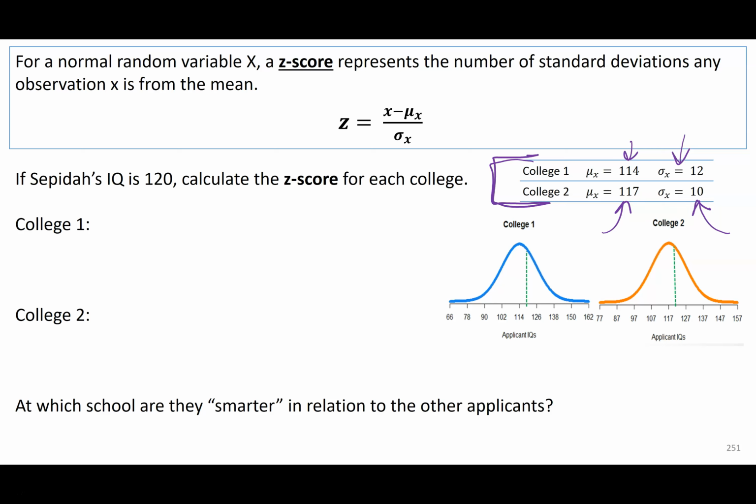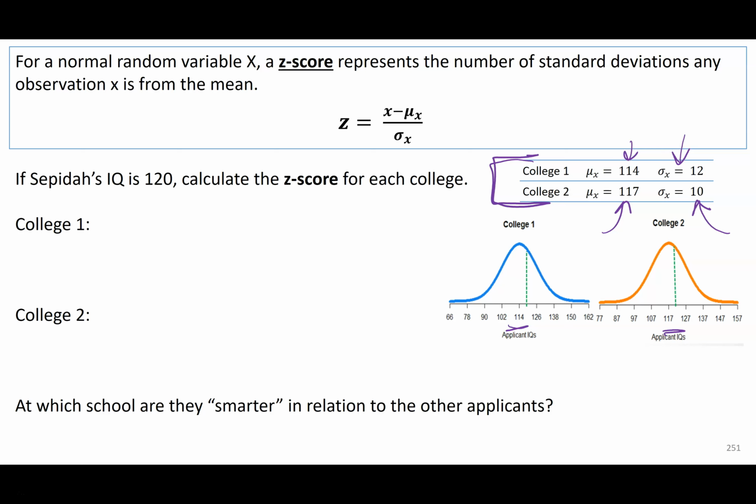So they're centered slightly differently from each other, and they're shaped a little differently as well. College 2 is a tiny bit narrower. So I'm going to calculate the z-scores for both colleges. And the idea is whatever college they have a higher z-score at, that means that they did higher than the average at that college.